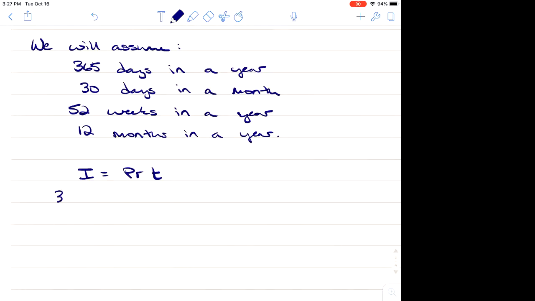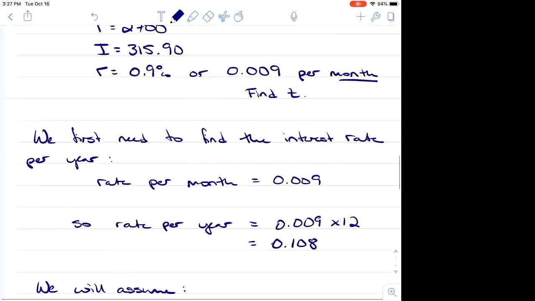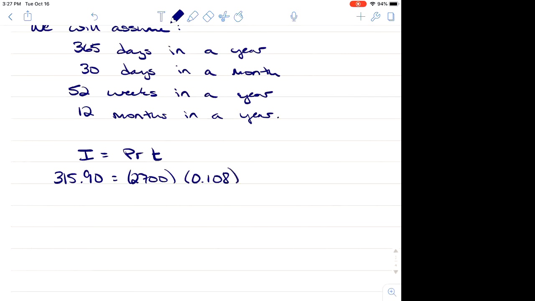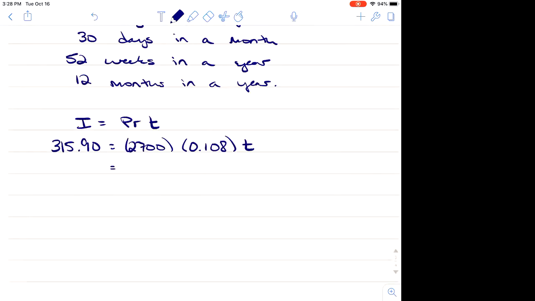I was 315.90, P was 2,700, and R was 0.108, the one we just found, and we're trying to solve for T. I'll multiply the 2,700 times 0.108 to get 291.60 T equals 315.90.